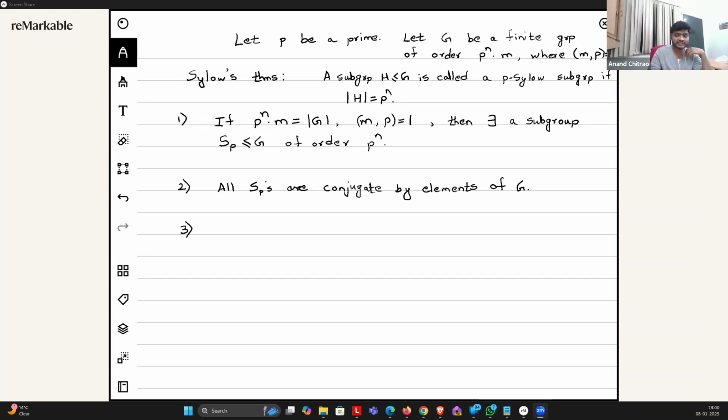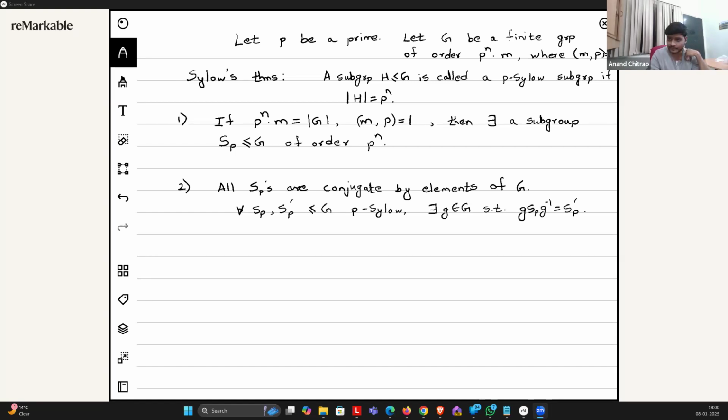Then one might want to classify them. This is a step in that direction. All Sylow p-subgroups, or all p-Sylow subgroups of a finite group G, are conjugate. So what does this mean? It means that given any S_p, S_p prime subgroups of G which are p-Sylow, there exists a little g in capital G such that g S_p g inverse equals S_p prime.